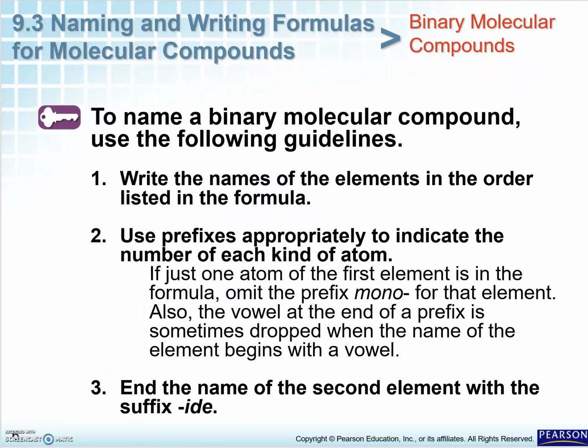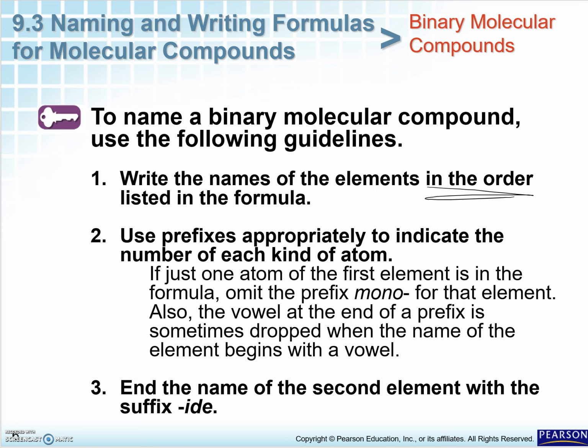So to name any binary molecule that is a molecular compound, you're going to follow these rules. You want to write the names of the elements in the order that they're listed. Then you're going to use prefixes to show how many are there.